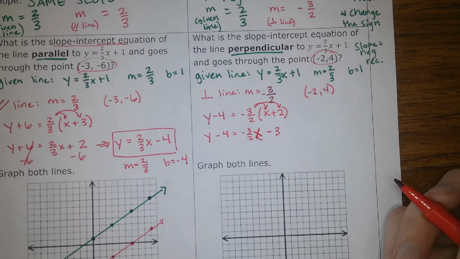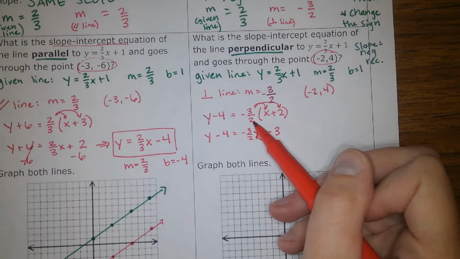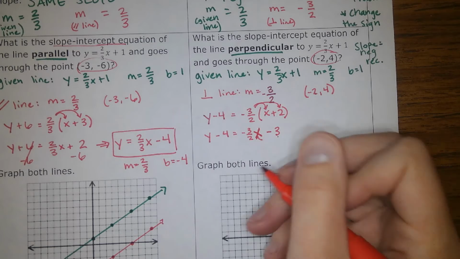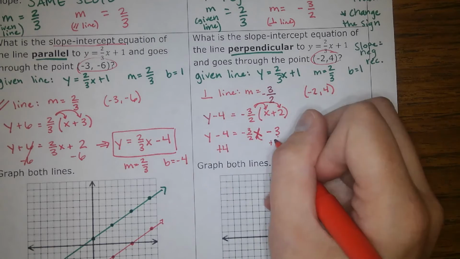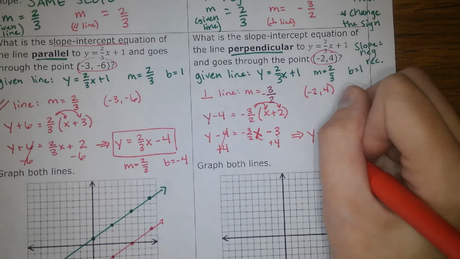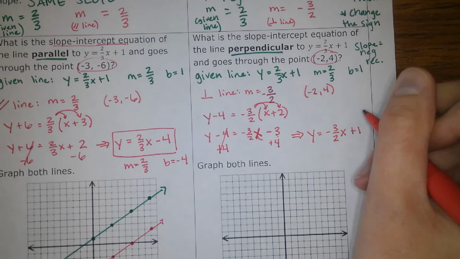It's because negative 3 times 2 would be negative 6, and negative 6 divided by 2 would give me negative 3. Now, in order to get this y completely alone, I'm going to add 4 to both sides. And my final equation would be y equals negative 3/2 x plus 1.